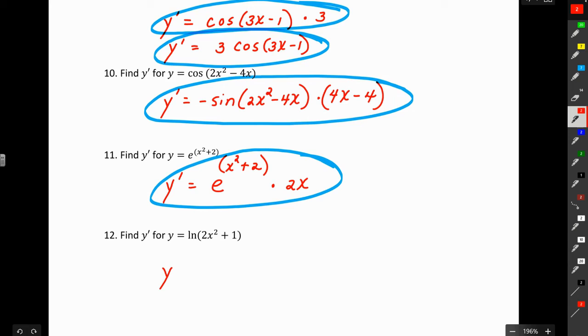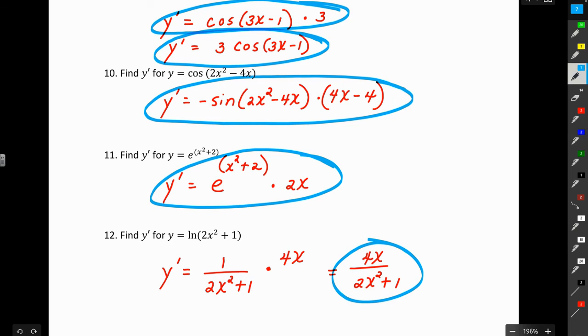So y prime is equal to the derivative of ln of u. So in this case, it's going to be 1 over 2x squared plus 1 times the derivative of the inside. That would be the derivative of this, which is going to be 4x. And we would just write that as 4x over 2x squared plus 1.